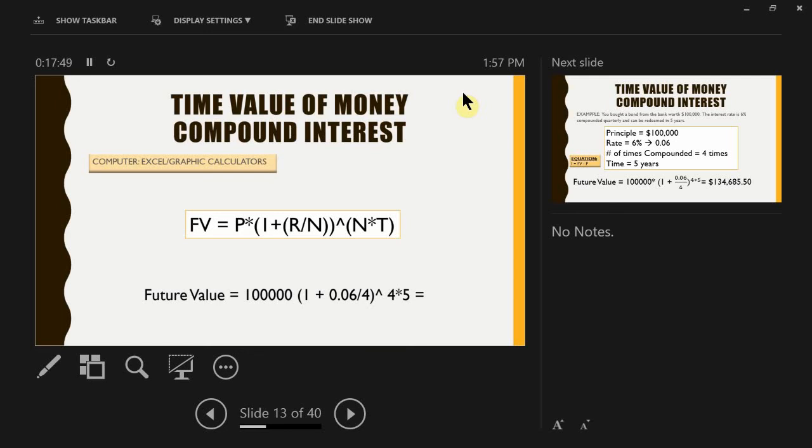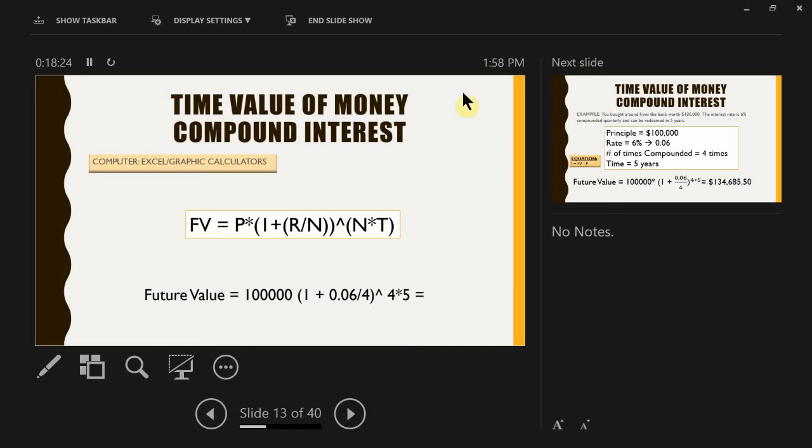This is what you need to understand when you're calculating it in your calculator or via Excel. For Excel, you need to add extra parentheses because Excel reads it as it is. If you tell it to do 1 plus R and then divide by N, you're taking 1 plus 6%, which gives you 106, and dividing that by N, which is 4.